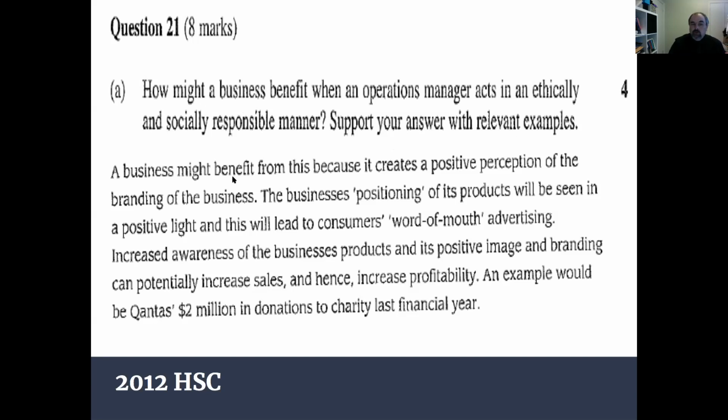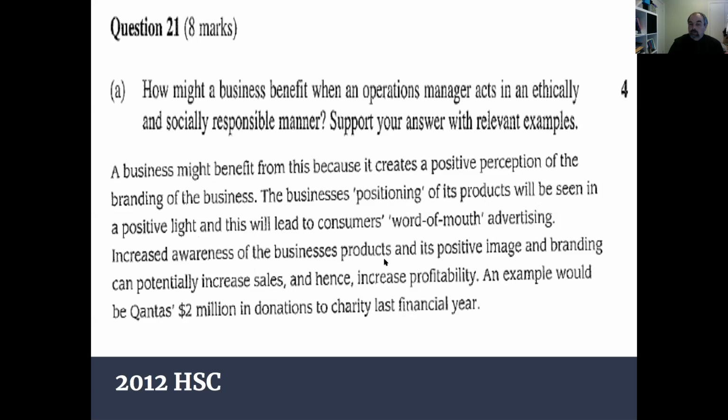A business might benefit from this because it creates a positive perception of the branding of the business. So just straight into it, there's the answer. The benefit is a positive perception. The business's positioning of its products will be seen in a positive light, and this will lead to consumers' word of mouth advertising. So again, positive perception, they've built on that positive light, this whole word of mouth advertising.